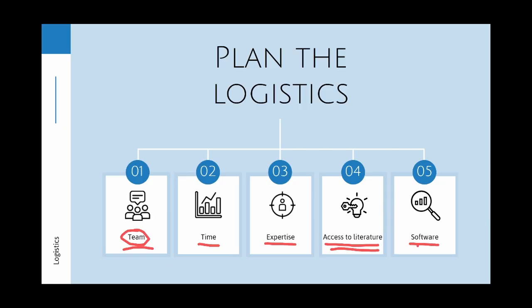The software is something very interesting because right now there are a lot of different kinds of software for different processes in the systematic review, and there are some that you need to pay for, but you can also find open access free software that can do amazing things. And I think that software can save you a lot of time.